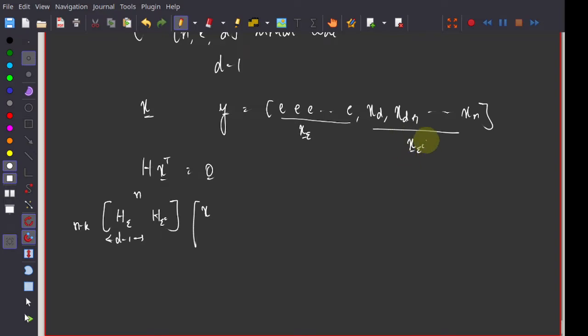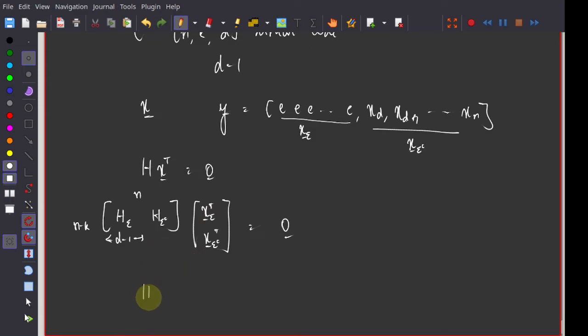I know these values, I have to somehow be able to find these values. I know that this should be equal to 0 vector. Agreed?